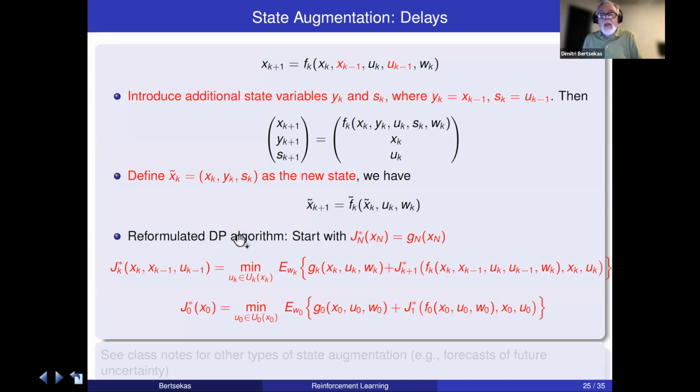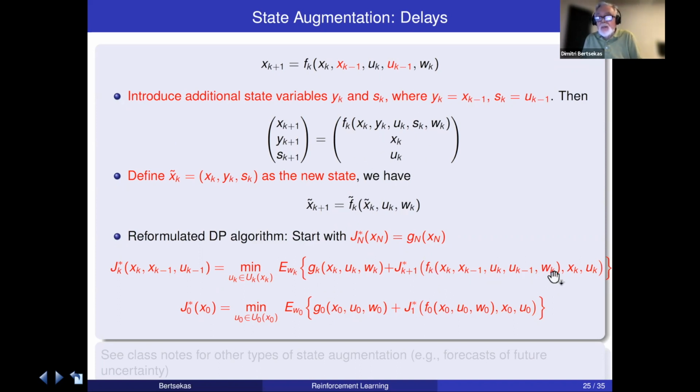And the reformulated dynamic programming algorithm in terms of this new system takes this form here. On the right-hand side, you have the one-stage cost, and you have the cost to go from the next state that you end up with, but the next augmented state.